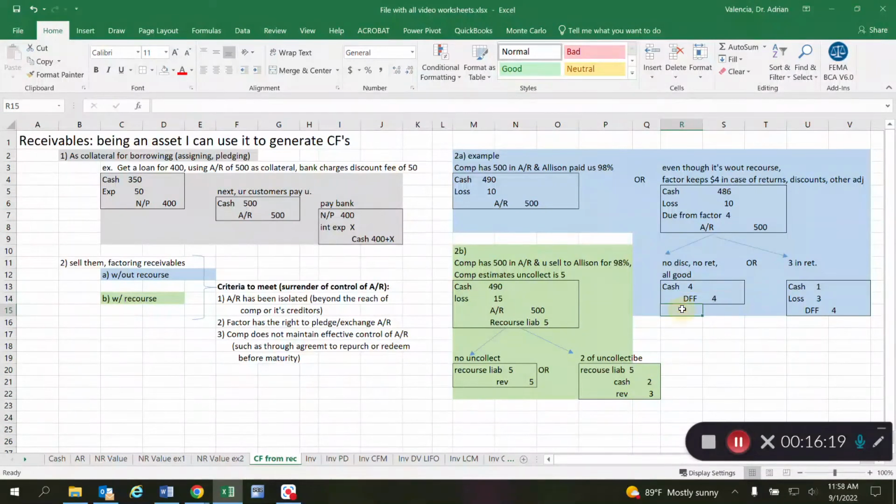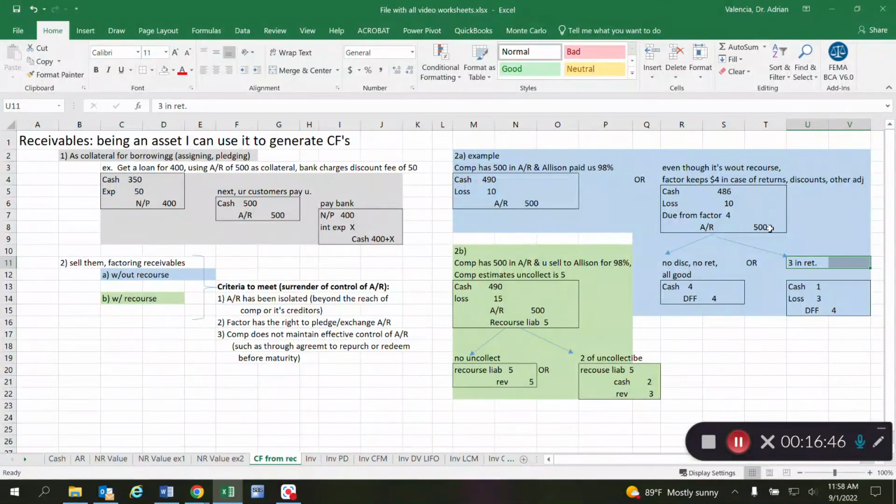Okay, and another possibility is that maybe there were some returns. If there were some returns, and that amount is $3, then Allison would receive $497 of the 500 receivables. In other words, our customers would pay their receivables in the full amount of $497. Allison would receive that $497.